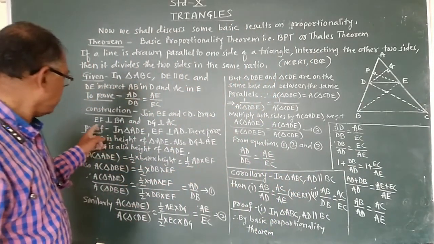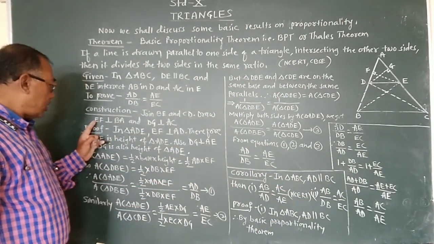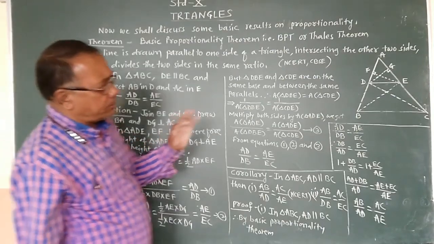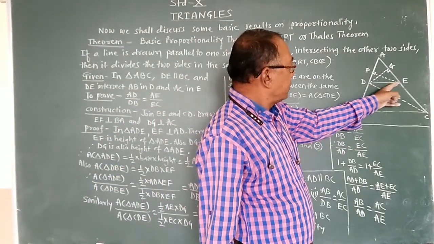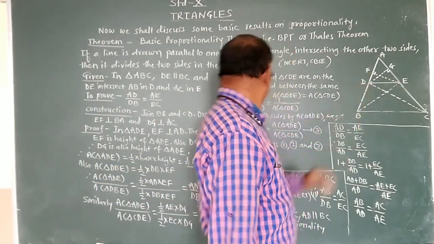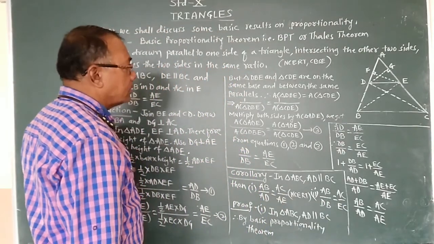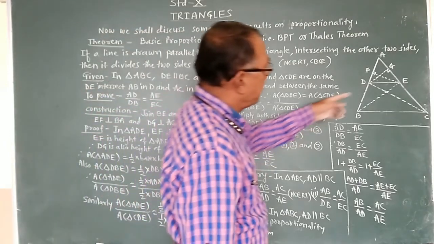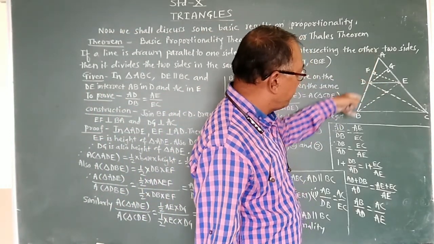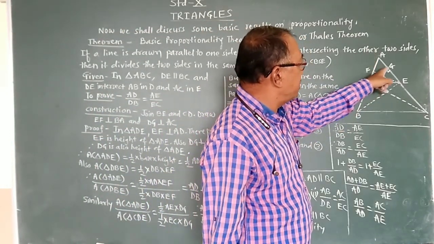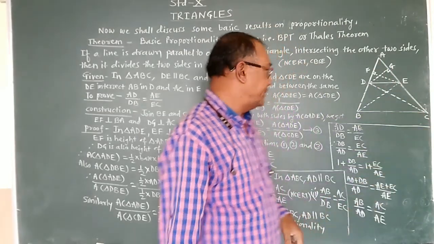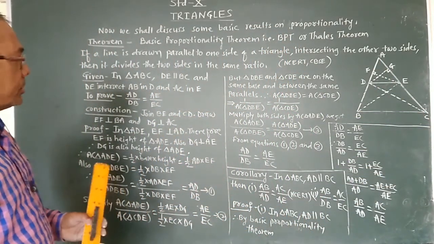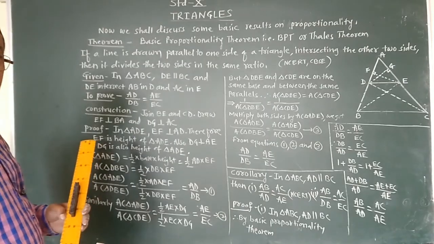Now another, draw EF perpendicular to BA. Just now I have told you: draw EF perpendicular to BA, so EF is perpendicular to BA or AB, and DG is perpendicular to AC. So this is our construction, and now we will see the proof.